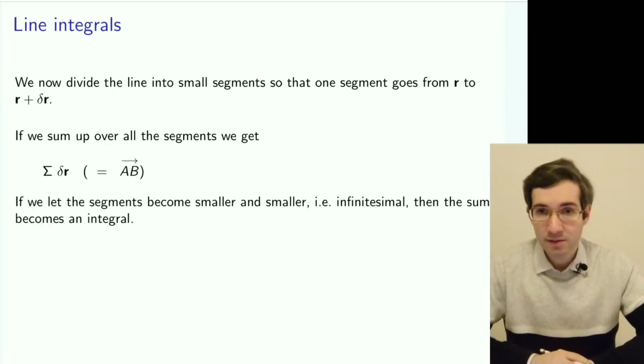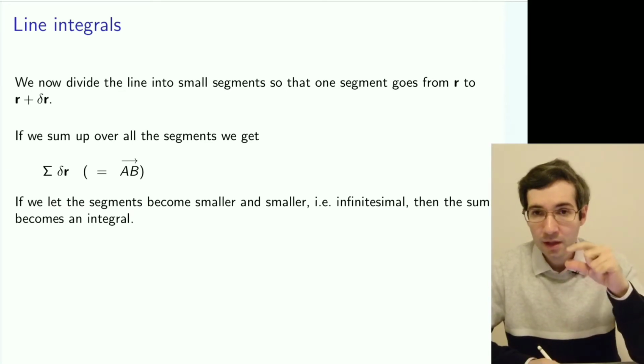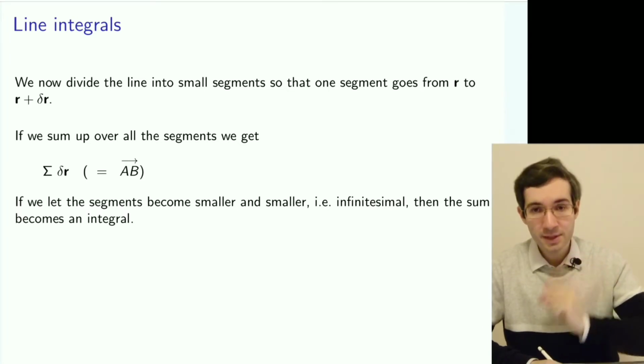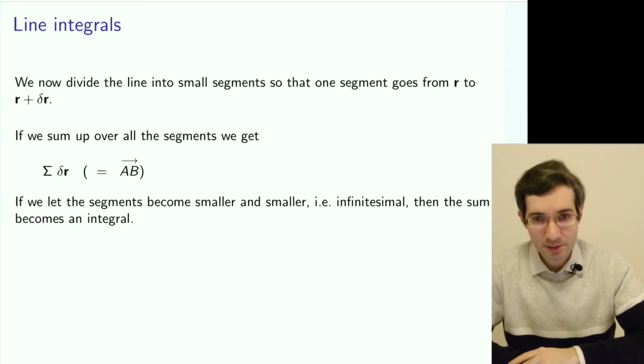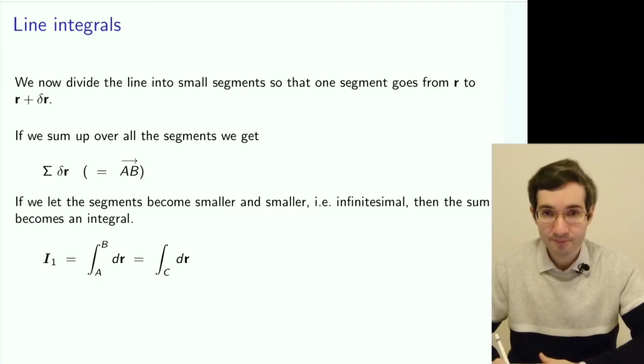Well, but that's fine. What about reducing the size of each of these elements to nearly zero, so what we call infinitesimal, and then this sum tends to become an integral.